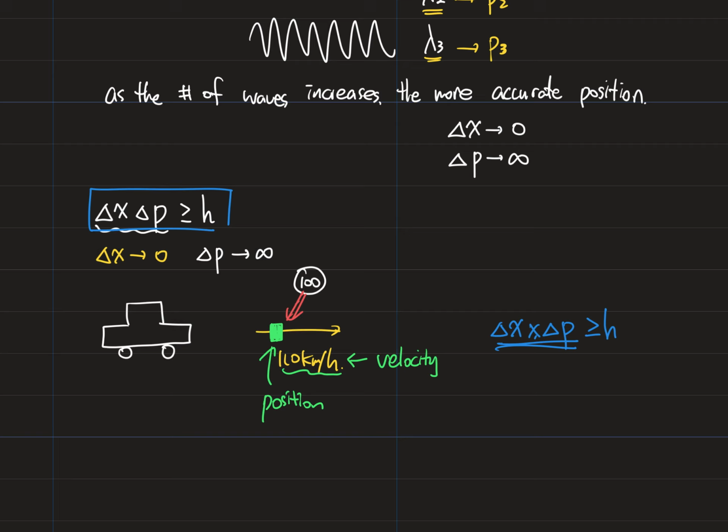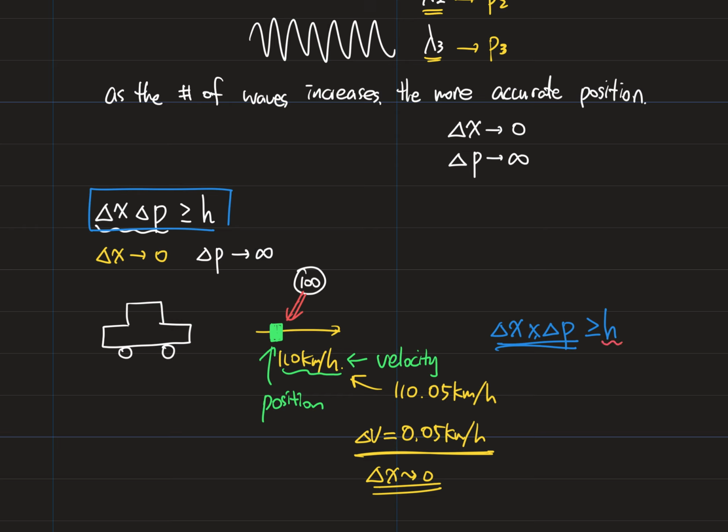Something like, I might drive my car at 100.105 kilometers per hour. So there is some measurement error, right? But still, the difference like this is a huge value compared to h, so we can still have a very small error in measuring the position.